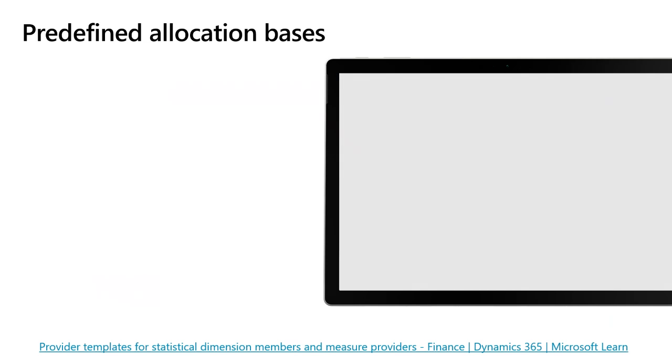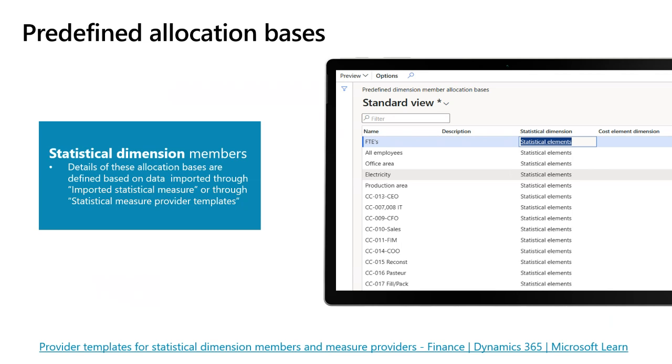The second type of predefined allocation bases are statistical dimension allocation bases. These are created when statistical data is processed into the cost accounting ledger for a period. And the predefined allocation basis can be used to again define further allocation basis.